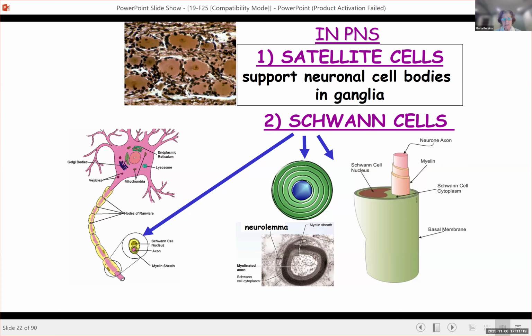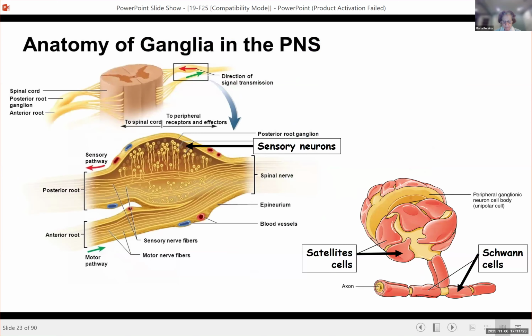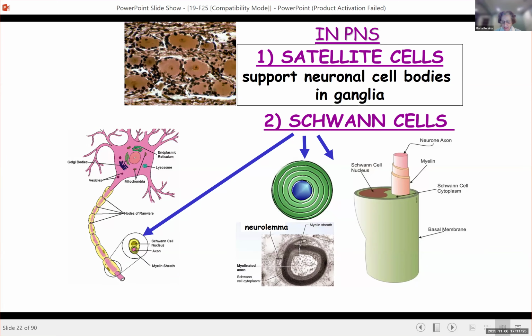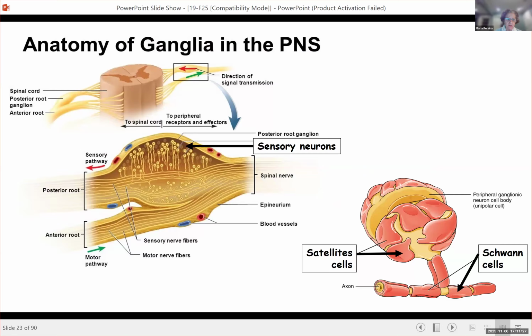So the satellite cells are present within the ganglia. And here you see a rendition of a ganglion. These small circles are the cell bodies of the sensory neurons in a ganglia. And here you see the cell body with the satellite cells around it that is protecting it and providing nutrients.